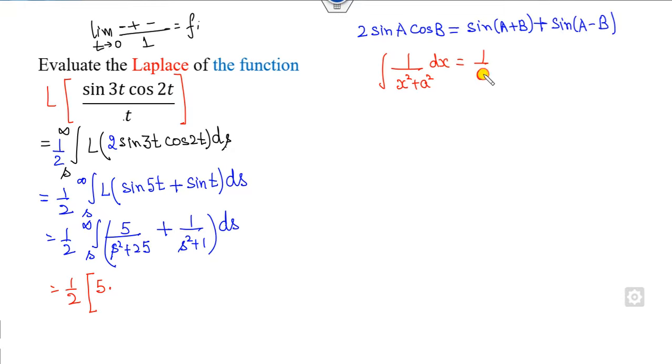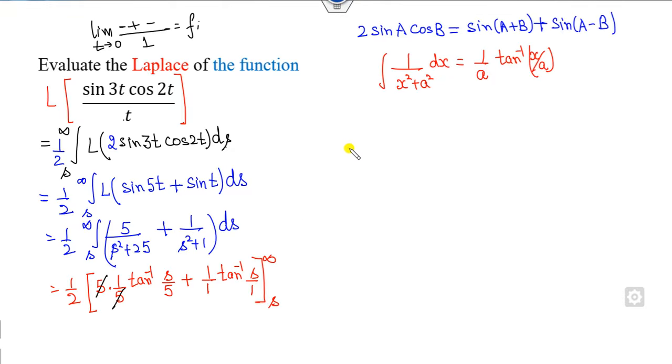It is 1 over a tan inverse x over a. So in this case a will be my 5, 1 over 5 tan inverse s over 5. For the second, a will be my 1, tan inverse s over 1, from s to infinity.